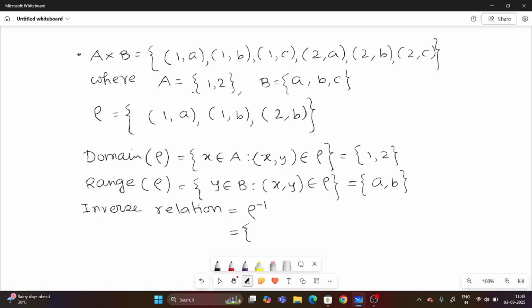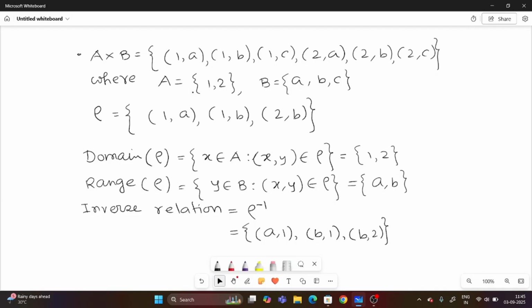That means (1, a) belongs to rho, so its reversed ordered pair (a, 1) will belong to rho inverse. (1, b) belongs to rho, so its reversed (b, 1) will belong to rho inverse. (2, b) belongs to rho, so its reversed ordered pair (b, 2) belongs to rho inverse.